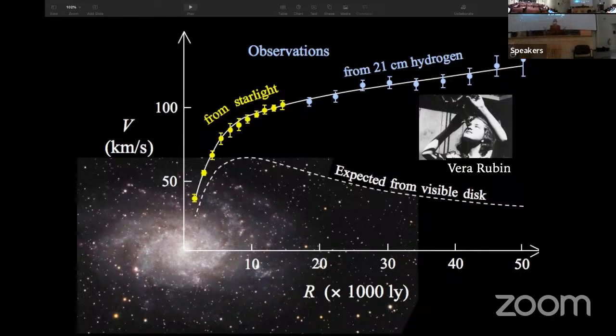But very famously in the 70s, Vera Rubin actually performed this measurement using both starlight as well as neutral gas, which faintly emits radio waves with a length of 21 centimeters. And what she found was that actually the speed doesn't drop off with radius. It actually stays more or less constant. And you actually need additional matter to explain this observation.